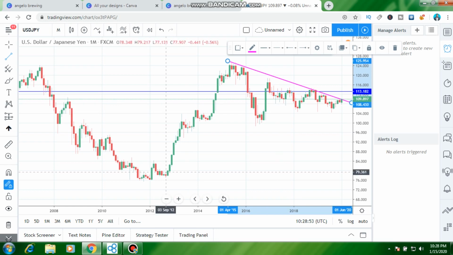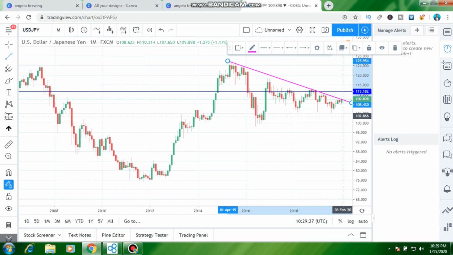Now, with this line drawn, you can see that the current price of USDJPY is hitting the trend line, which means that there is a possible reversal on the monthly time frame. Now let's zoom back to the weekly time frame. We want to analyze this from the monthly, then zoom back to weekly, daily, and then out of that we'll be able to spot the best place to enter in the forex market.